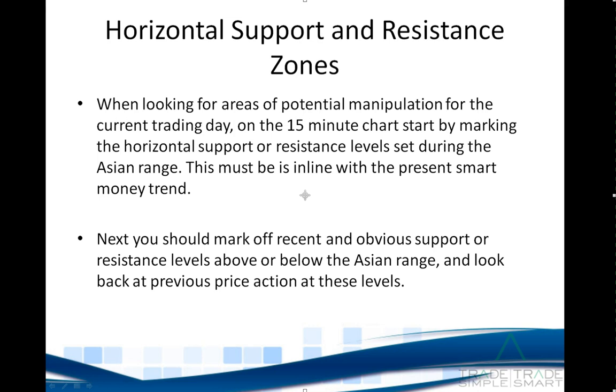Well, we simply mark off the recent and obvious support or resistance levels which are above or below the Asian range. And then we're going to look at previous price action at these new identified levels, and we're also going to check to see if manipulation has previously taken place.